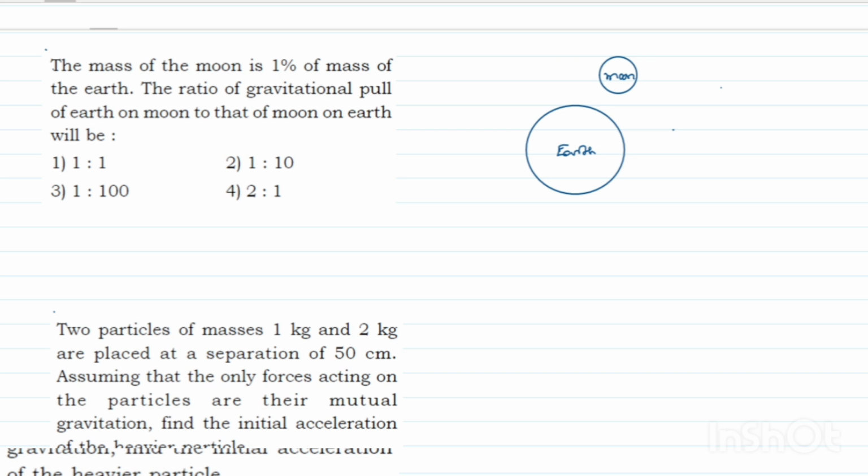According to the universal law of gravitation, with what force the moon is pulling the earth, let us take it as F. The earth is also pulling the moon with the same gravitational force. So F equals G times mass of the earth into mass of the moon by some distance r square; this is the force experienced by the moon.